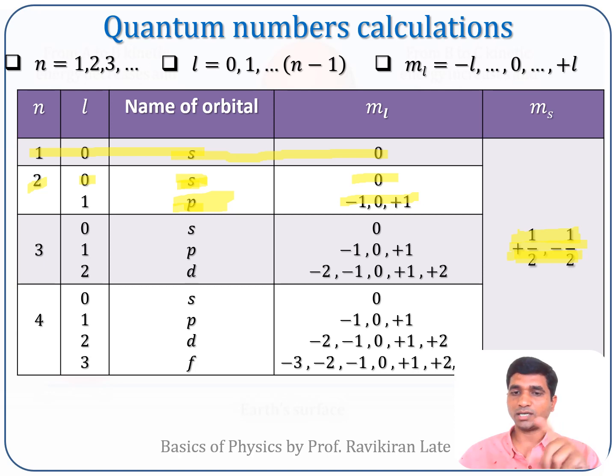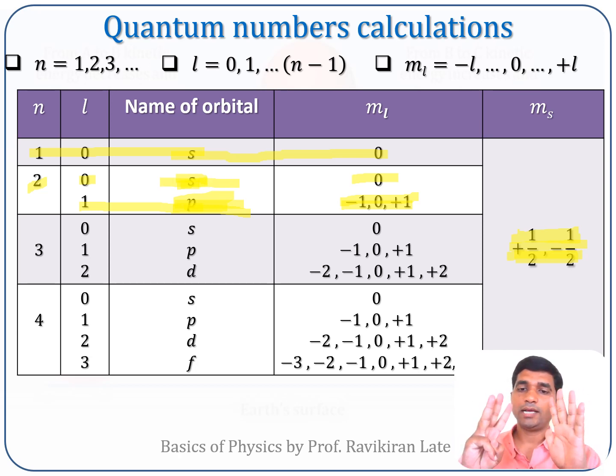So the p orbital has 3 suborbitals, and each can occupy 2 electrons. So 3 2s are 6. So the total capacity of L equal to 1, that is the p orbital, is 6 electrons. So 6 electrons in the p orbital and 2 electrons in the s orbital, a total of 8 electrons will be there in the n equal to 2 orbit.